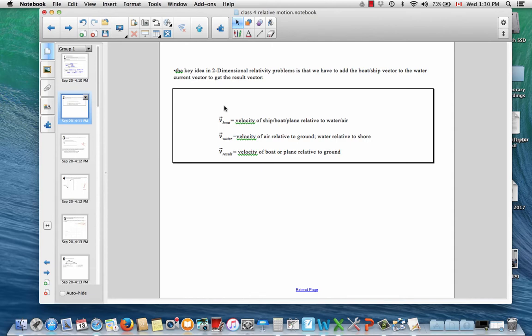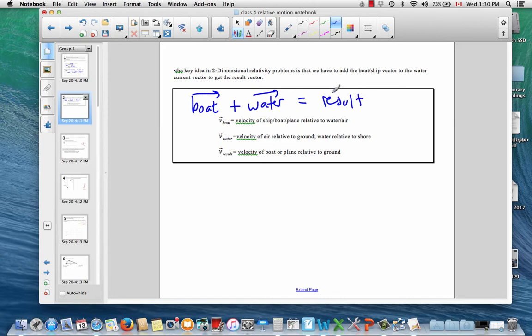Okay, so that's our idea in this problem, that if you've got a boat or a plane, then you've got to take the ship vector, the boat vector, and add the water or air vector to get the resulting motion observed relative to the ground.